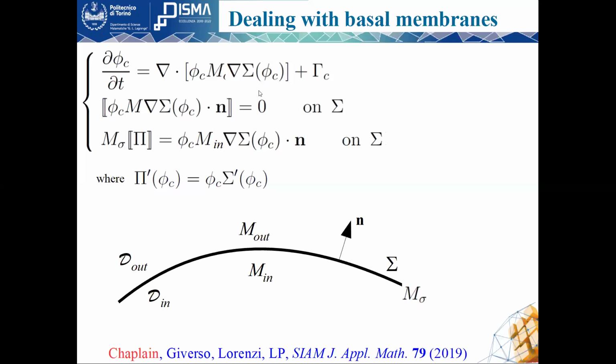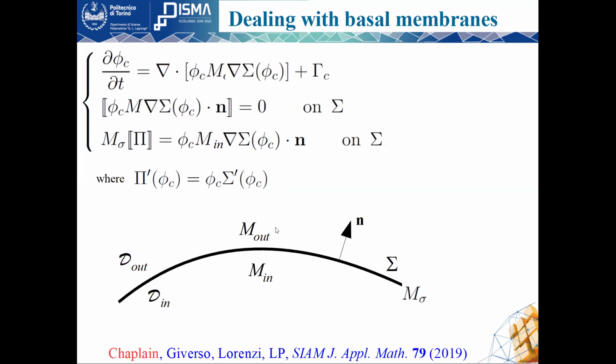And then you find out that the exact interface conditions to pose on this interface are the continuity of flux. And this is expected because, of course, if you have some cells that are coming out of the ovary, you will find them outside the ovary.